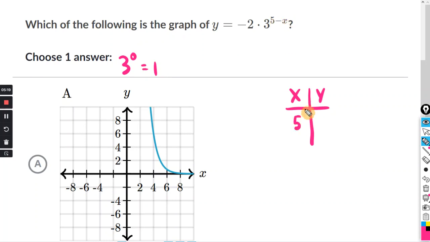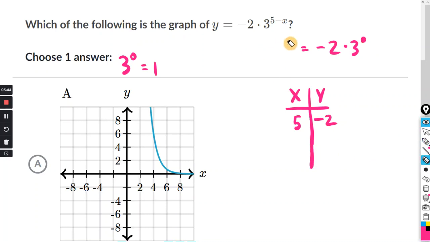So let's evaluate it at x equals 5. We would have negative 2 times 3 to the power of 5 minus 5, which is the same as negative 2 times 3 to the 0. 3 to the 0 is just 1. Negative 2 times 1 is negative 2. So that's one of the points.